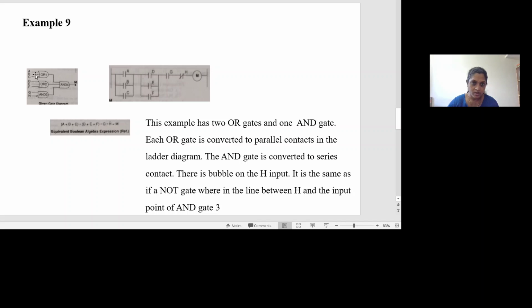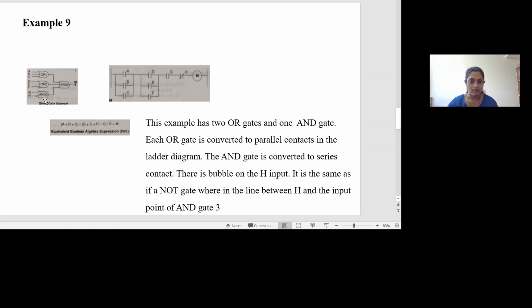The inputs are A, B, C. Since it is an AND gate, it is replaced by contacts in series. So I've taken A, B, C contacts in series. Then we have OR gate 2. The inputs are D, E, F. The OR gate is replaced by parallel contacts D, E, F.